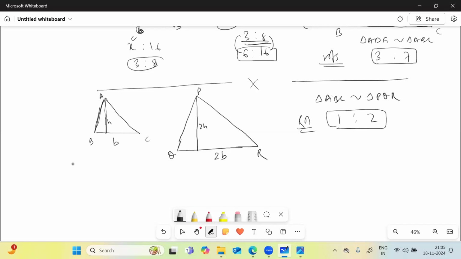But these heights and any perpendicular or median, everything will follow the 1:2 ratio. So the area of this triangle would be half into B into H. Area of this triangle will be half into 2B into 2H, which is 4 into half into BH.